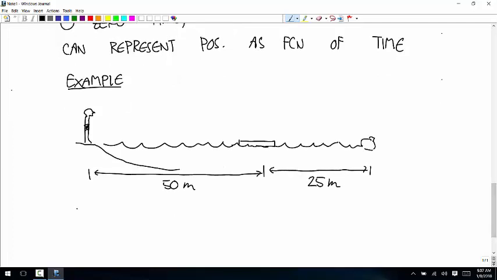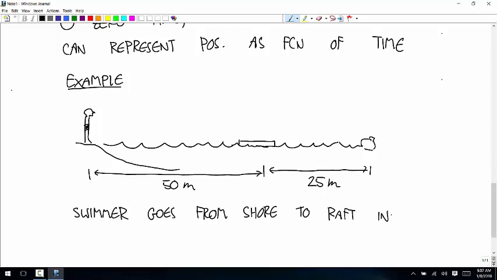And let's say that the swimmer goes from the shore to the raft in 2 minutes, and then from the raft to the buoy in 1 minute.